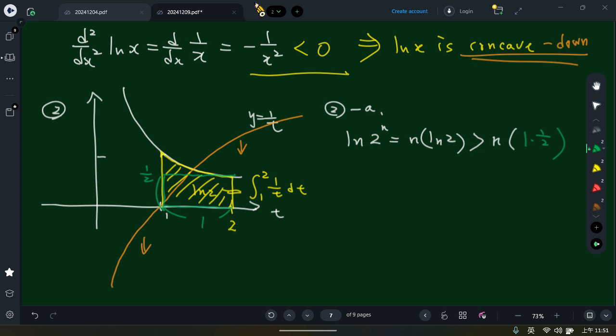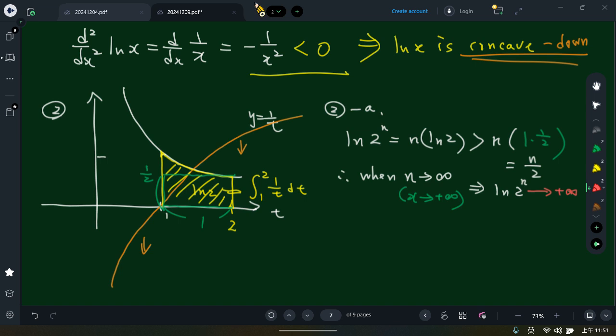So with this, here should be n over 2. Hence, when n is approaching positive infinity, that implies that s is approaching positive infinity. Then we can see ln 2 to the power of n is also going to positive infinity.